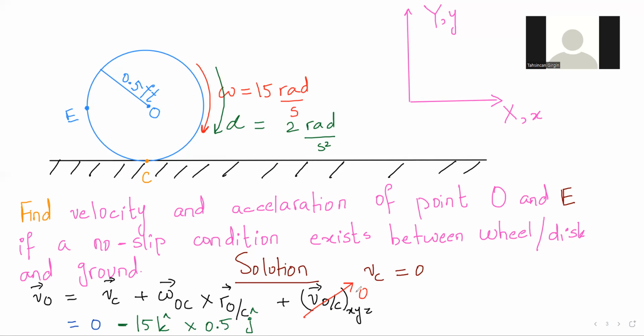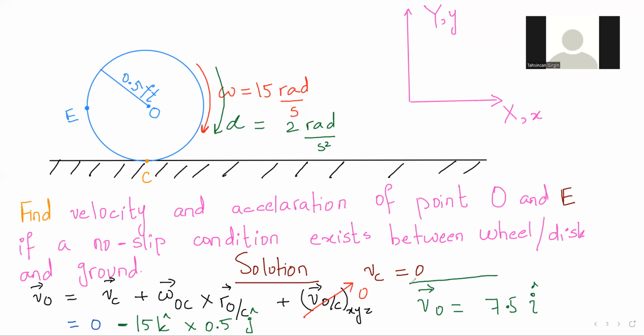Because I have made a big coordinate system here. Y is upward. O with respect to C is J. Okay. So give me the answer. 7.5. Good. K cross J is negative I? Negative I multiplied by negative is a positive I.